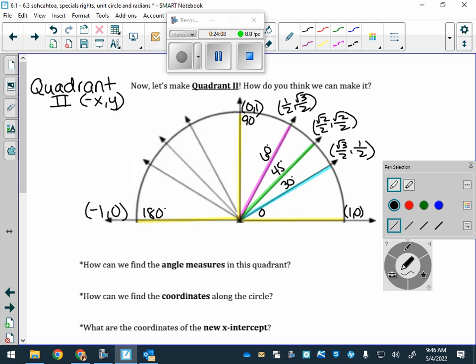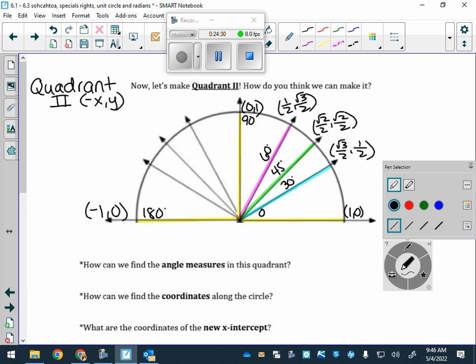Well, how can we tell what's what? What would be blue? What would be green? What would be pink, according to mine? How can we tell that? What do we do? Okay.